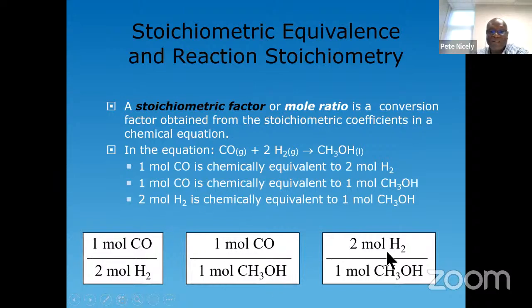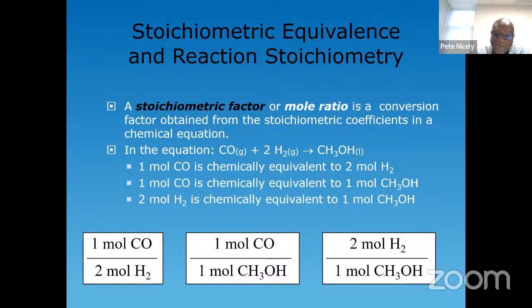And you see similar mole ratios given for other relationships, for example, between the carbon monoxide and the methanol. This is 1 mole ratio. Between the hydrogen and the methanol, that would be another mole ratio. So basically, in order for you to get the correct mole ratio, you need to make sure that the equation is balanced.